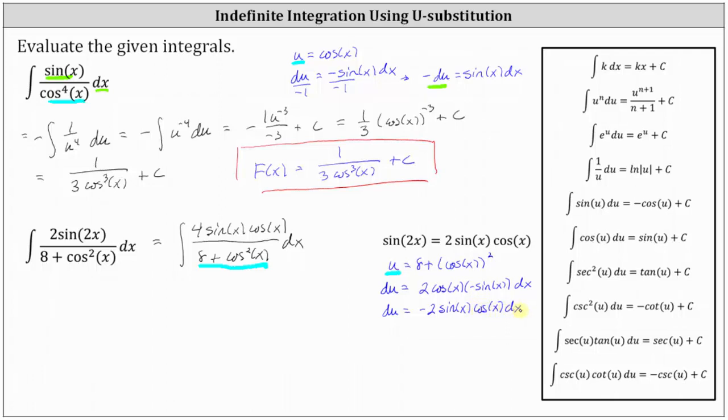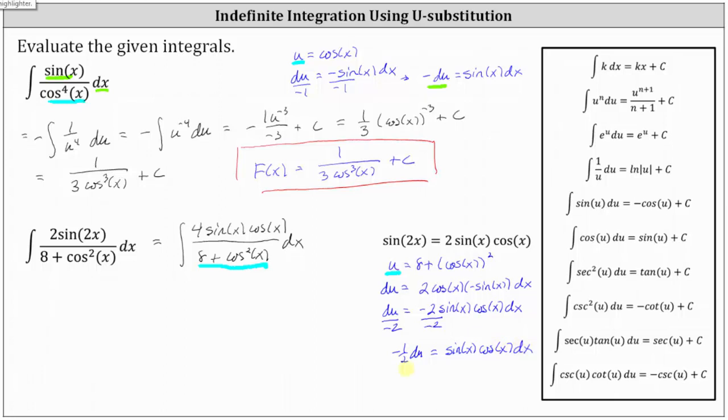And here we have a choice. We can multiply both sides by -2, so that the right side matches what we have in the integral, or we can just solve for sine x cosine x dx. I'm going to be consistent and solve for sine x cosine x dx by dividing both sides by -2, which means -1/2 du is equal to sine x times cosine x dx.